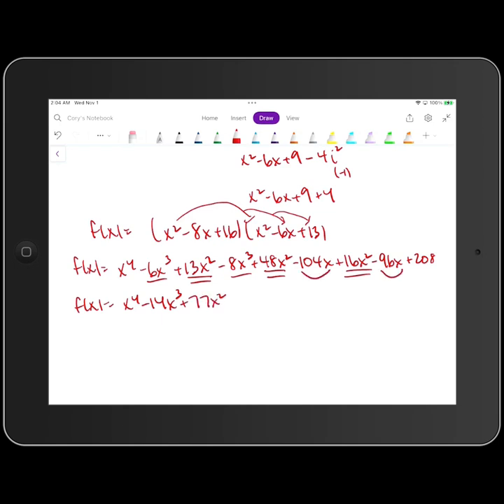Those are my x terms, so negative 104x minus 96x is negative 200x, and then my constant term is 208. Okay, and that right there is the polynomial of degree 4 that has those zeros.